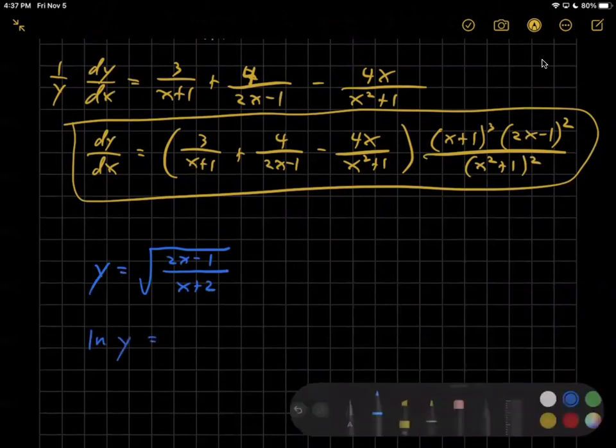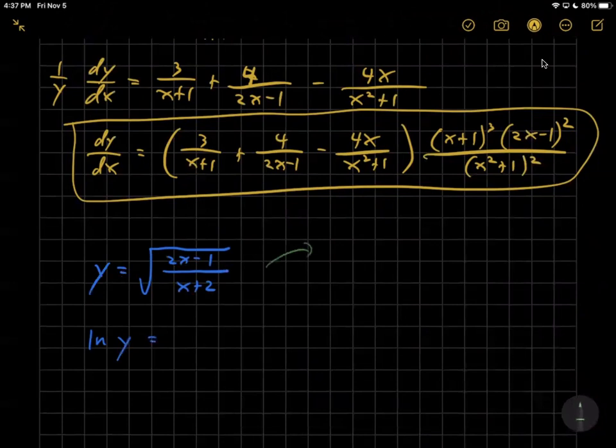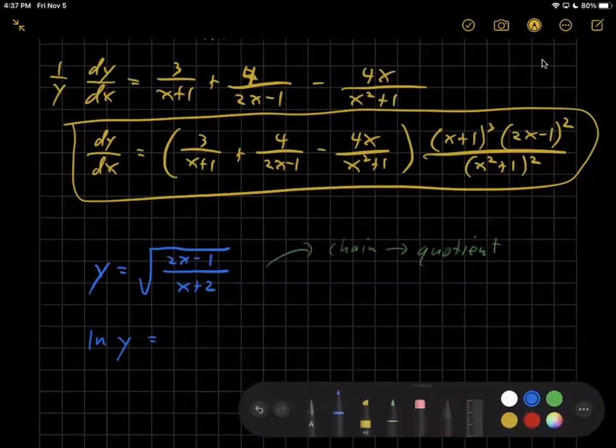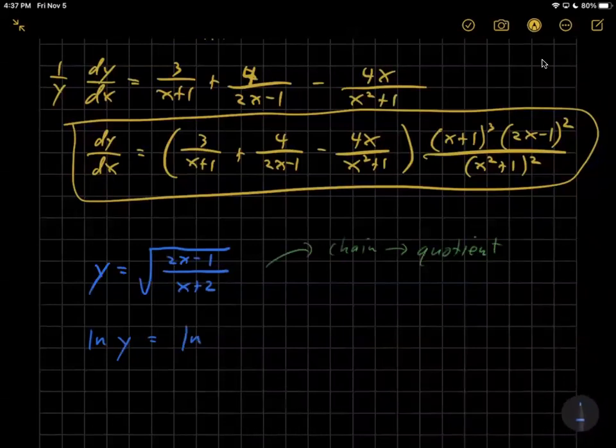By the way, this could have been done as a chain rule because we have a square root of something with a quotient inside. But let's see what happens if we do it logarithmically. So if we do it logarithmically, this is 2x minus 1 over x plus 2, all to the 1/2 power.